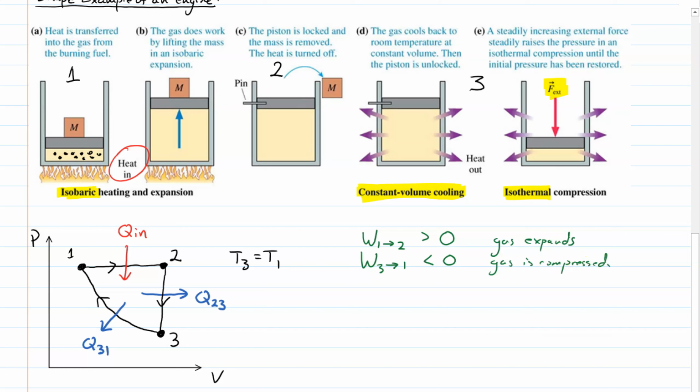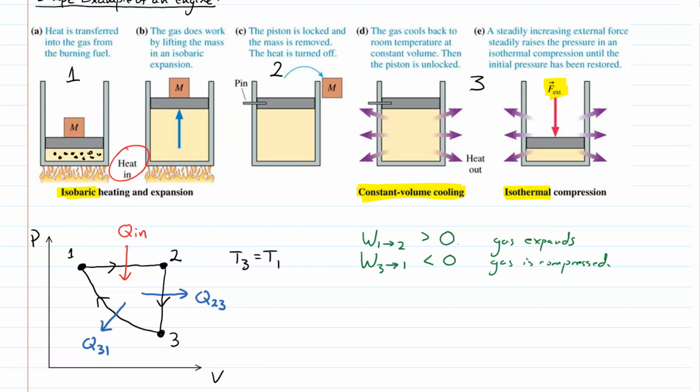So I got some work out of it from step 1 to 2. I put some work into it from 3 to 1. But which is bigger? This one is bigger than this one, right? Because the area underneath the curve from 1 to 2 is bigger than the area underneath the curve from 1 to 3. So the gas expanded and did some work.